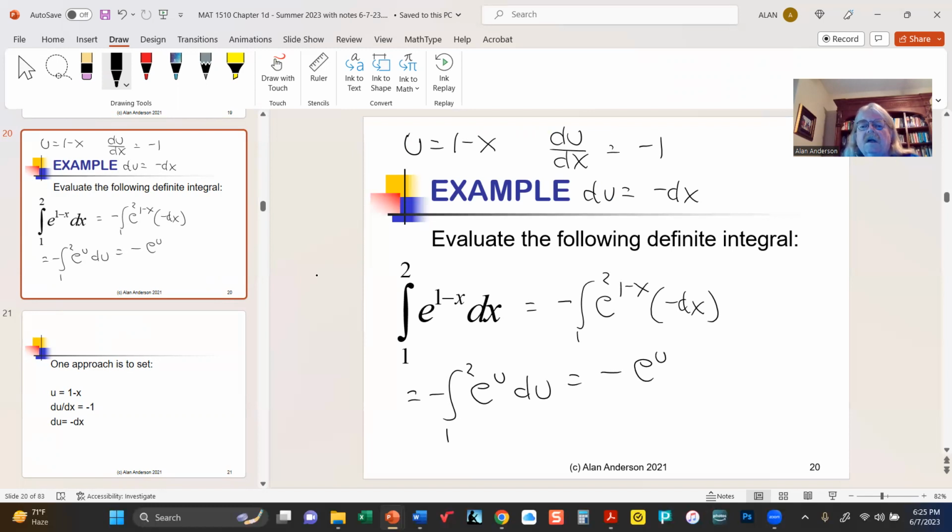Now, this is minus e to the u. Since this is a definite integral, there's no constant. It has to be evaluated between 1 and 2. And of course, before we do that, we have to replace this u with its definition.